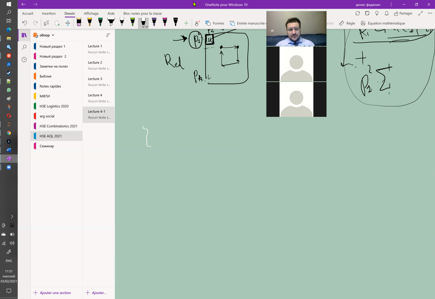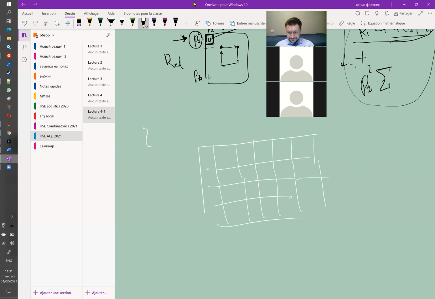Let's imagine that we have a database here. We are at a computer department, so it's okay. And we imagine that we have objects that have two indexes, like I and J. What could it be?